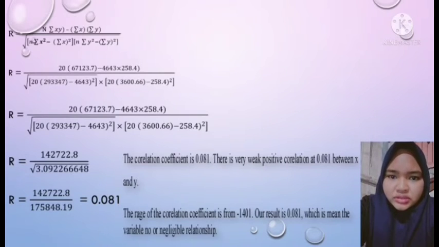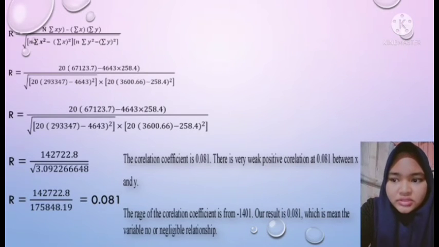That is the way of calculation, and that is the formula that we use. From this, the correlation coefficient is 0.081, and there is a very weak positive correlation of 0.081 between x and y.